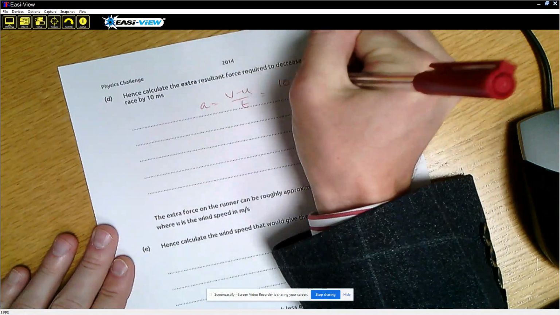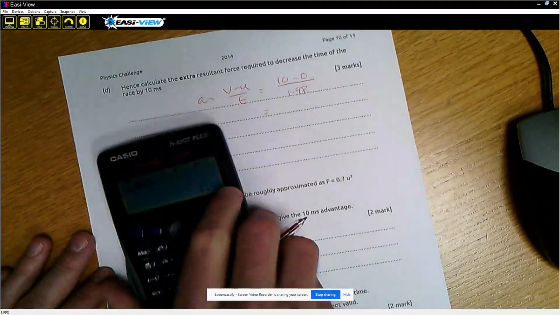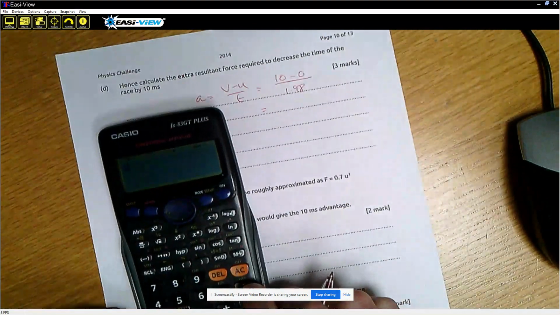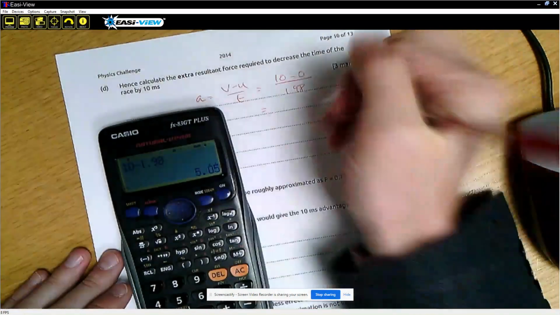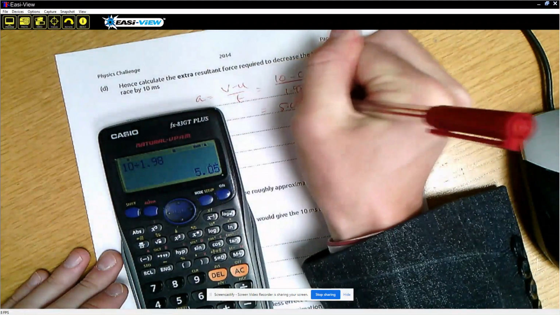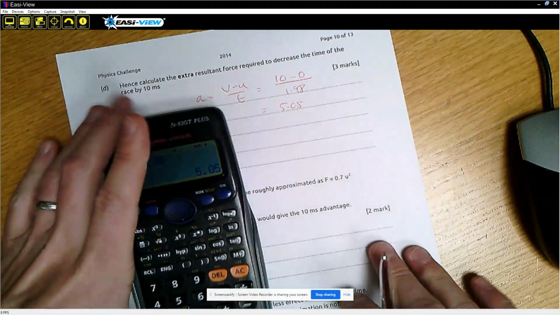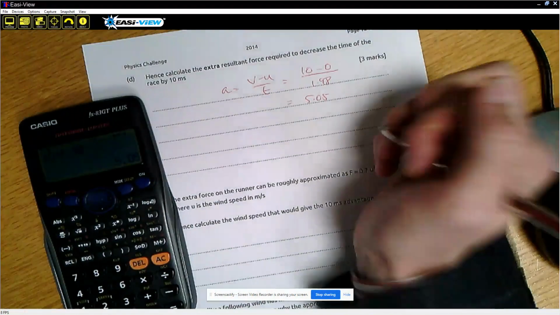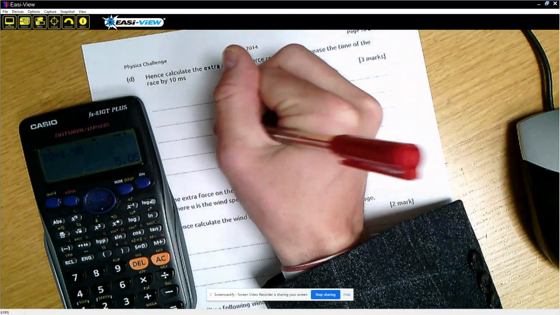It's the same 10 minus 0, but now it's 1.98. So 10 divided by 1.98 gives us 5.05 recurring. It's an intermediate step, so I'm going to leave that as the unrounded value.